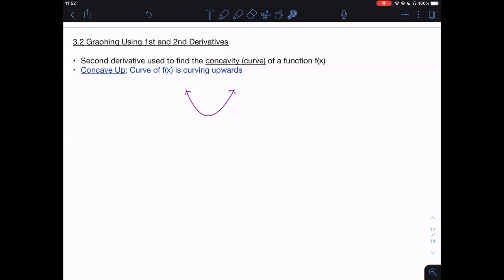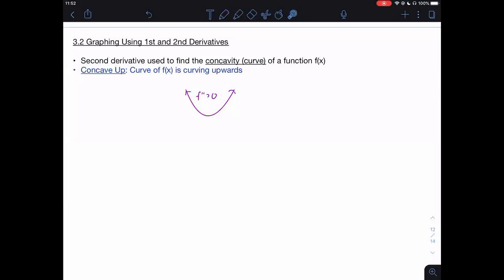And when the function is concave up, that means our second derivative at any point along this type of curvature is going to give us positive values.